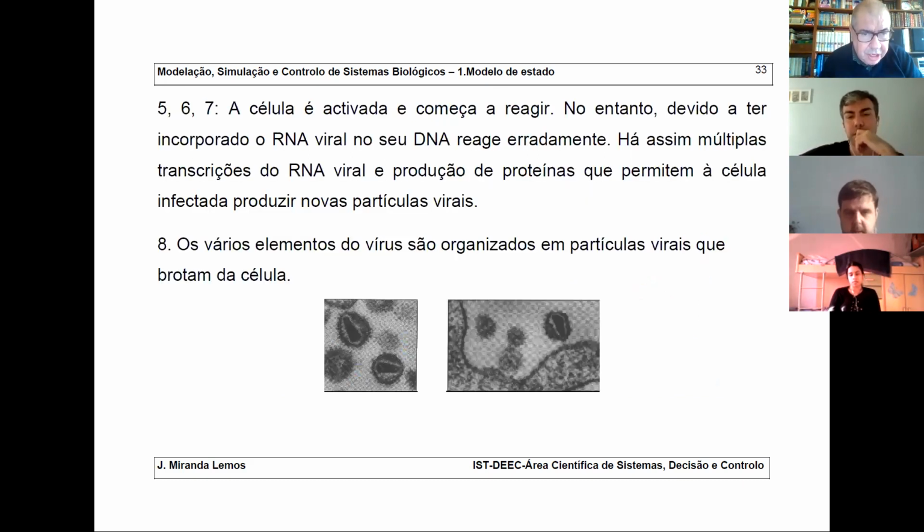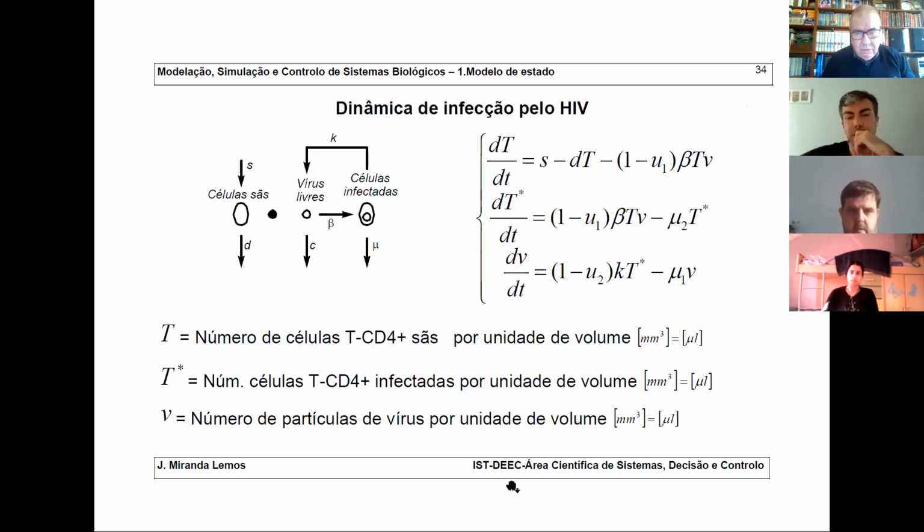So how can we model these things? Probably I have here one picture in which you see the new virus particle being created and expelled from the cell. How can we model this thing? There are many models, some very complicated, but let's consider one of the simplest ones.